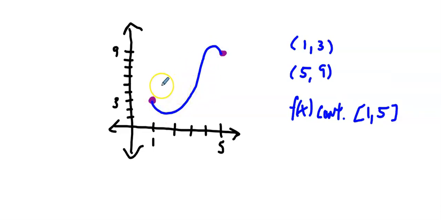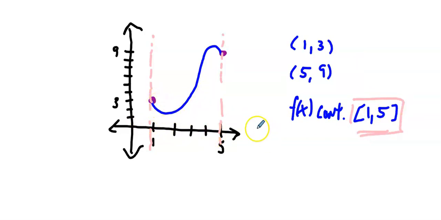So all the IVT theorem says is this. I'm on the interval from 1 to 5, so I'm only going to be looking at the x values from 1 to 5.